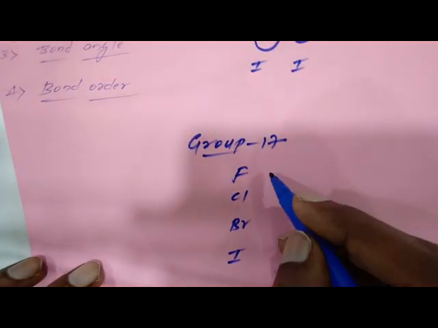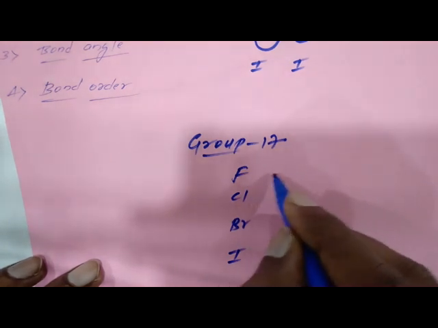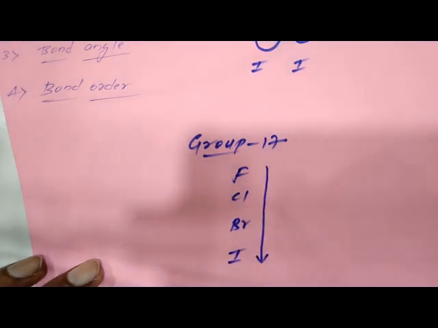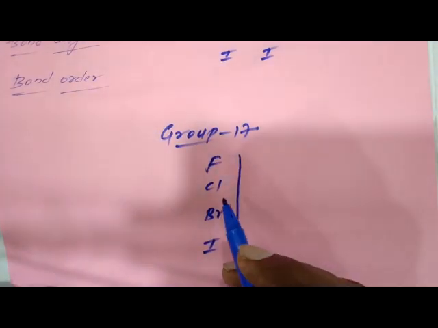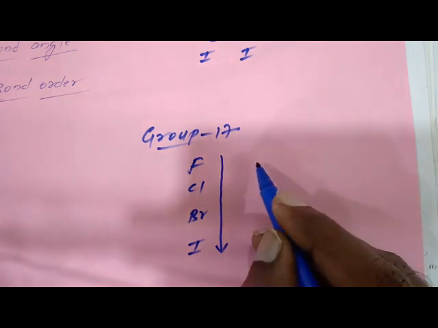As we move from top to bottom, there is an increase in atomic number. As atomic number increases, atomic size also increases.